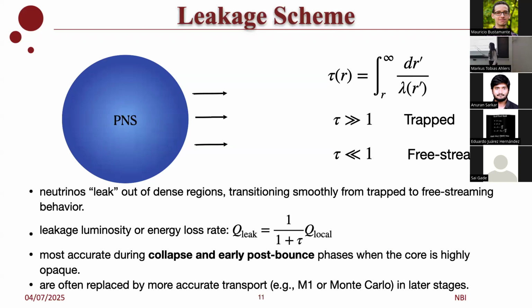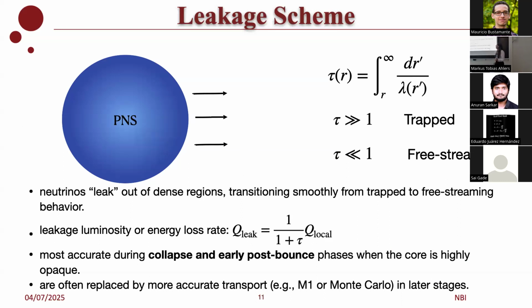Okay, so to intuitively understand this formula, you can imagine that for very large optical depths, this term here is quite small. So if the optical depth is very large, no neutrinos can leak, so they are trapped. If optical depth is very small, then basically all the neutrinos can leak, and you have a free streaming regime.